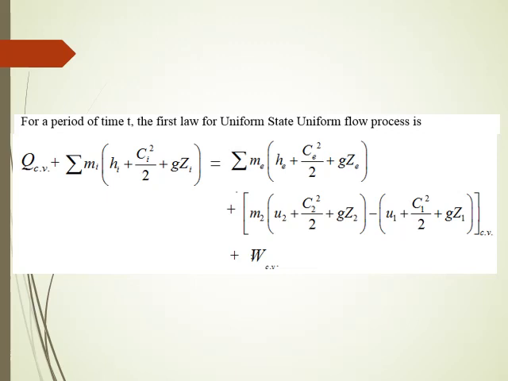Then on the right side, the first term denotes the energy associated with all the outgoing streams. The second term on the right side denotes the energy change within the control volume during this time period t. And the third term denotes the work transfer during this time period t.